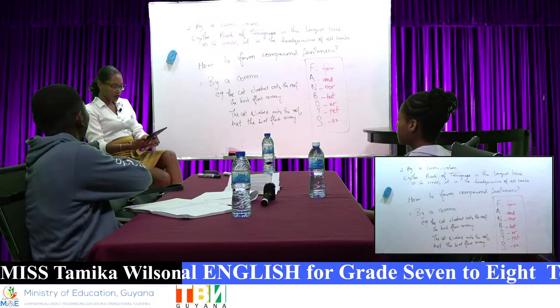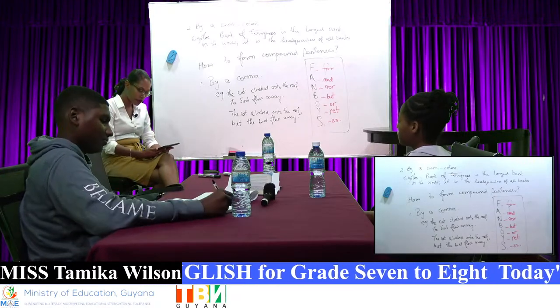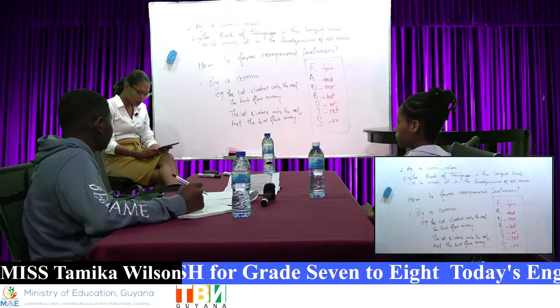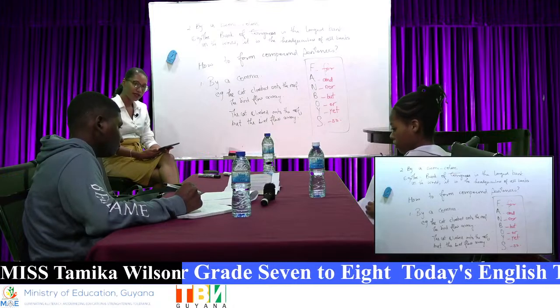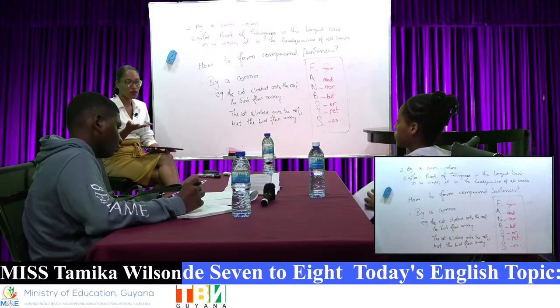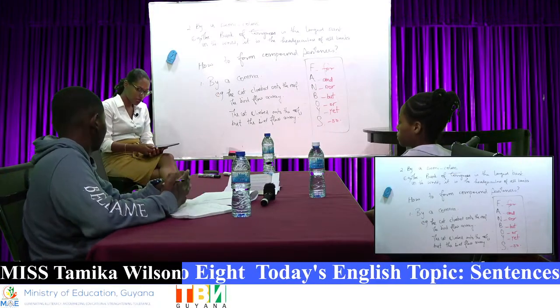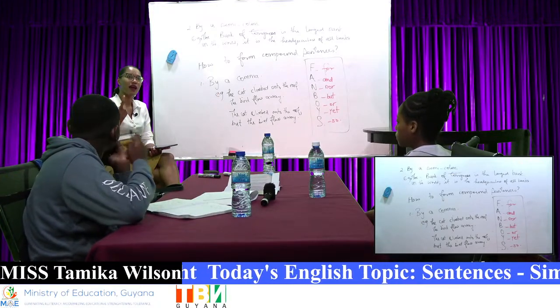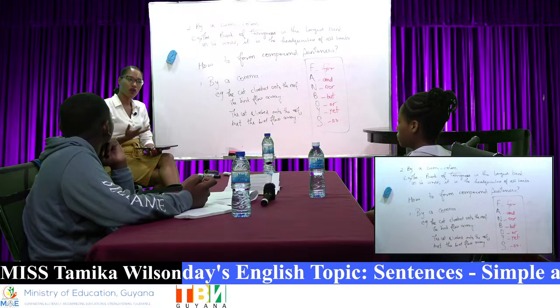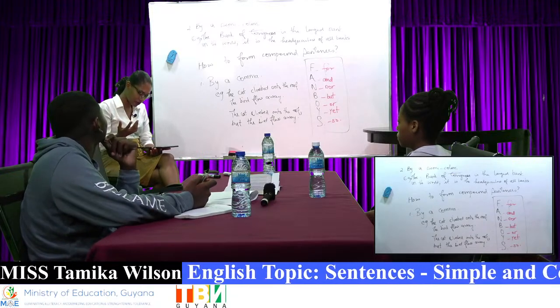Yeah. All right, good. So why do we need compound sentences? It says a compound sentence allows for better sentence structure. So I was talking to you about that instead of just having a whole lot of simple sentences. It helps us to have better sentence structure in our writing.